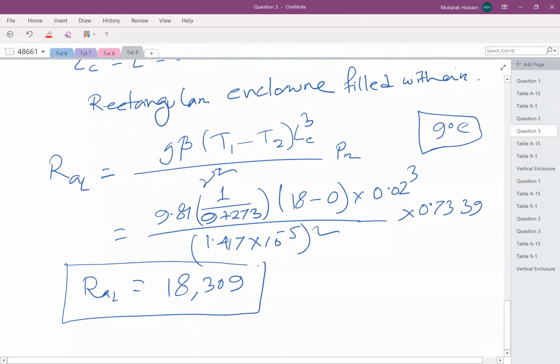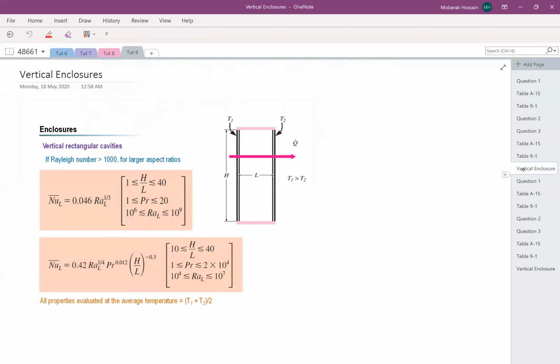Now based on this number, from the correlations related to vertical rectangular cavities, we'll select the formula for the Nusselt number. So here our height over length ratio, height was 1.5.